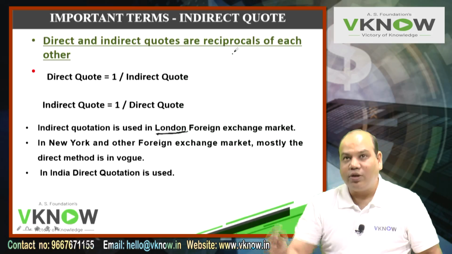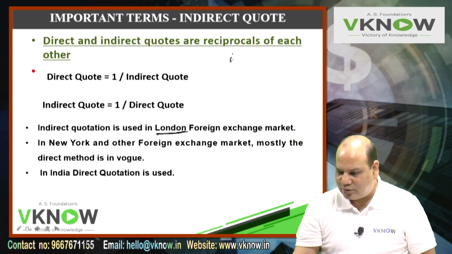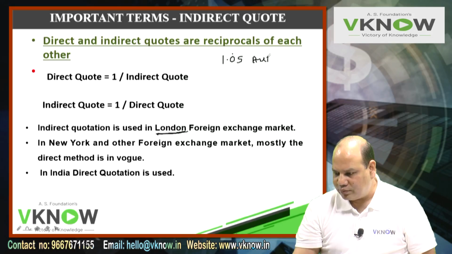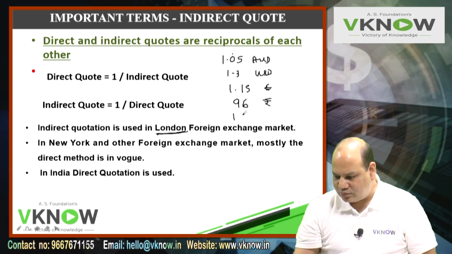You will find on their electronic board, it will be written 1.05 Australian dollar, 1.3 US dollar, 1.15 euro, 96 rupees, then maybe 180 yen.